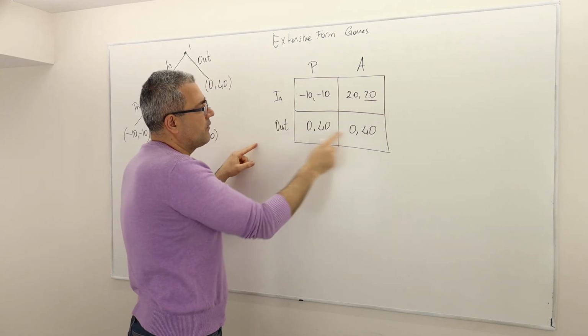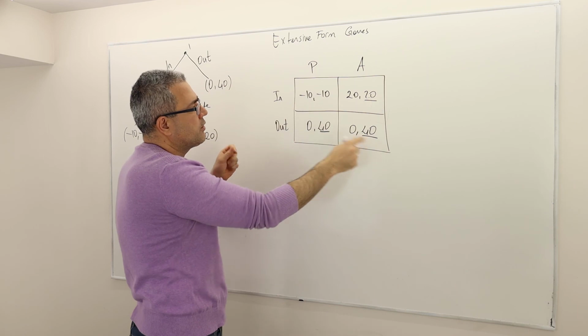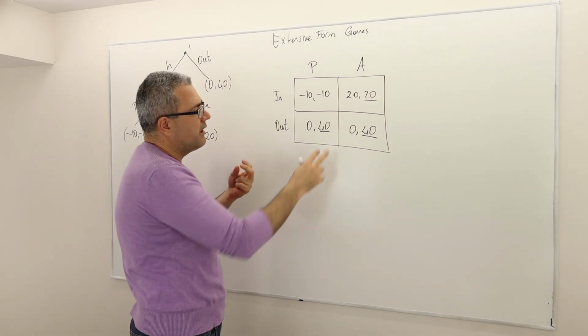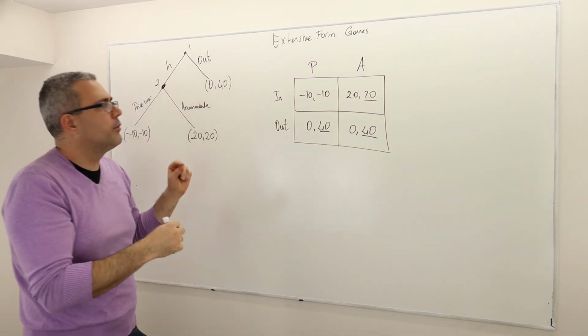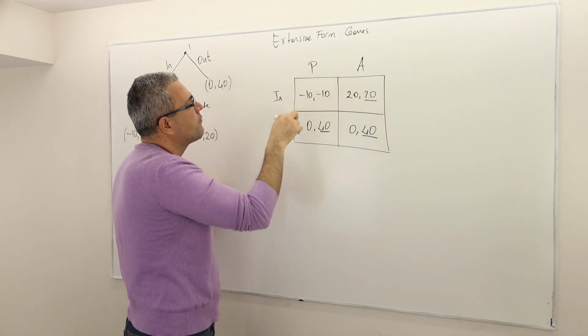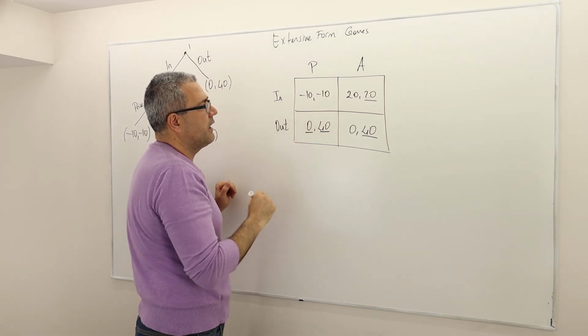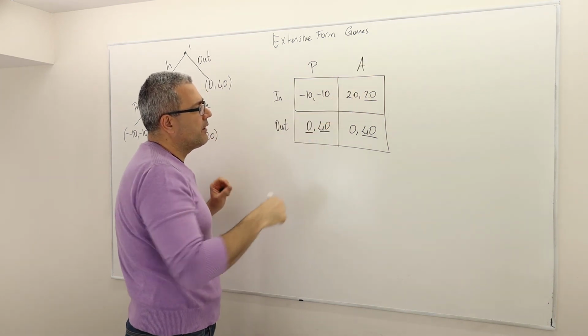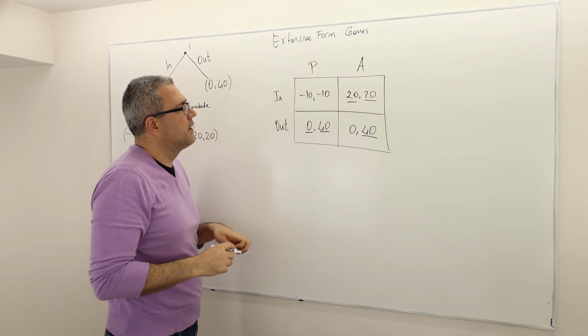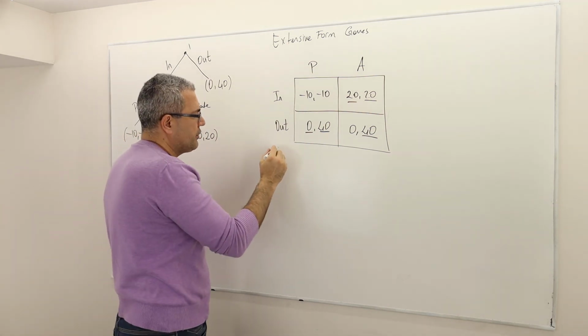If it stays out, the best response is both price war and accommodate. It actually doesn't matter because the game will be over. However, if firm two starts a price war, the best response is clearly staying out, and if it accommodates, clearly the best response is getting into this market. So that means there are two Nash Equilibria of this game.